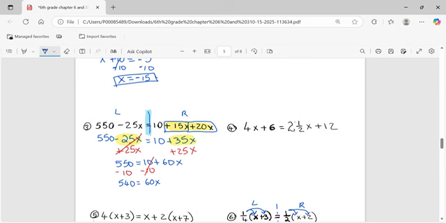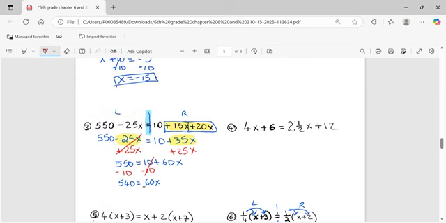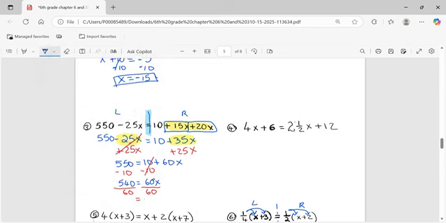To get x by itself, we're going to divide both sides by 60 because they're being multiplied, and the opposite of multiplication is division. So I will divide both sides by 60. And so x is equal to 9.